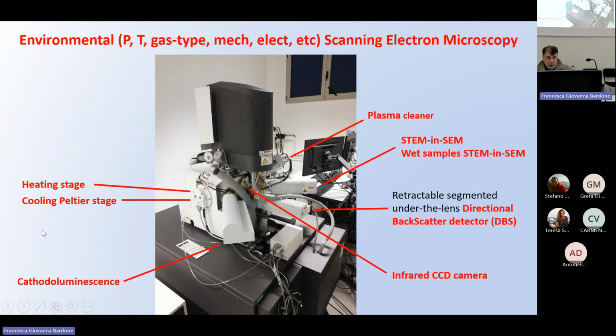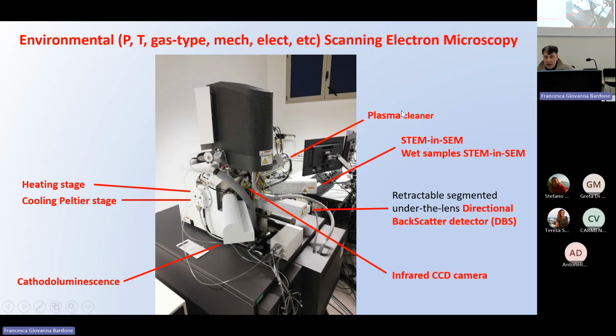And also the heating stage, the stage to cool down your specimen. The cathodoluminescence detector is in the other part. And this is the STEM detector. So different types of detectors are all arranged around the chamber.